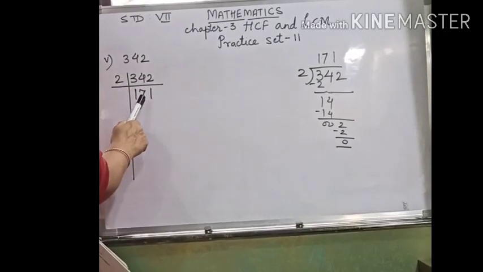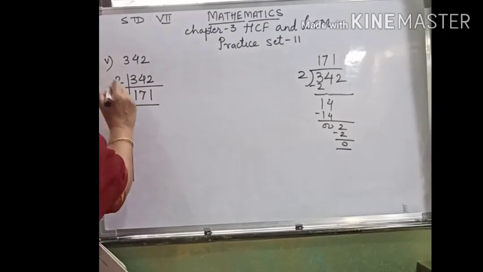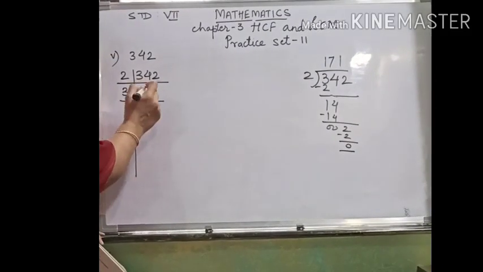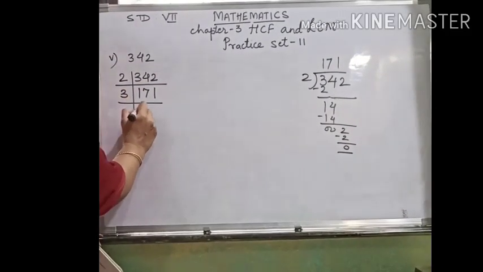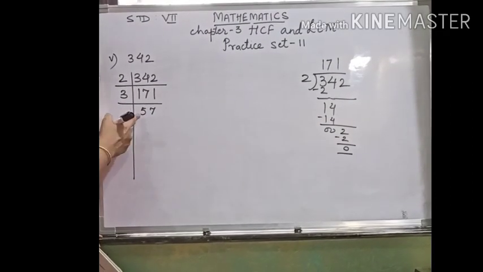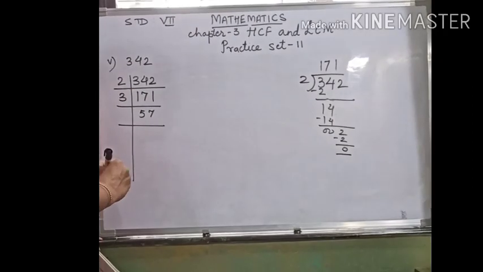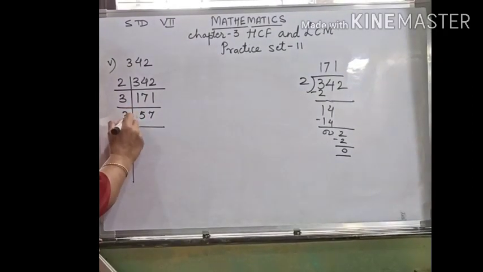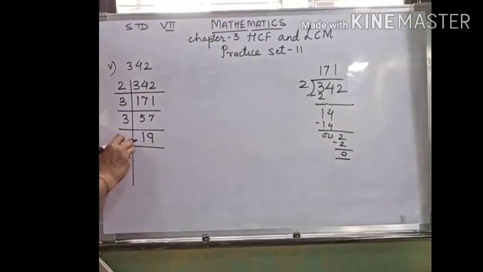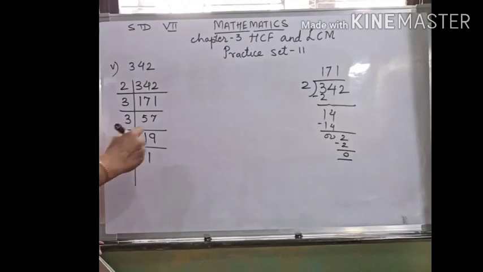So let's see whether it is divisible by 3. 3 multiplied by which number is 171? 3 multiplied by 57. Now again you have to find out divisors of 57. 57 comes in the table of 3. 3 multiplied by 19. Now 19 is a prime number. So 19 ones are 19.